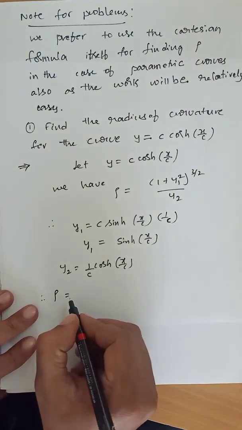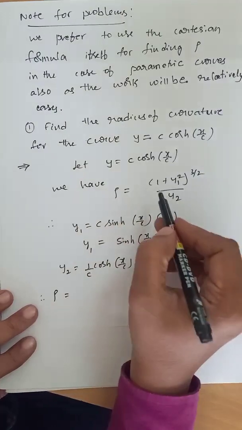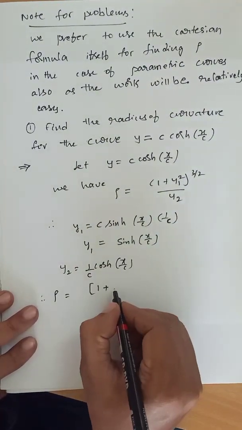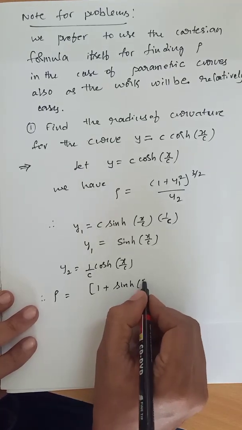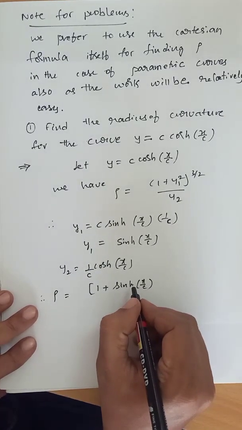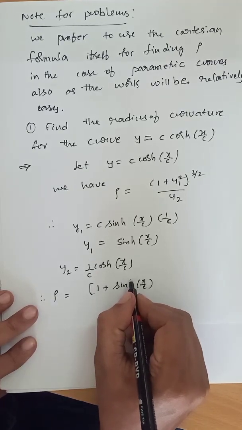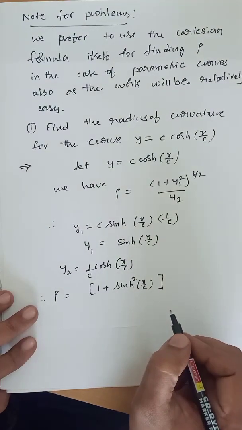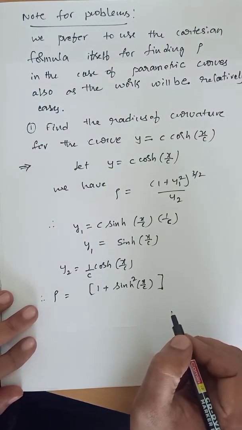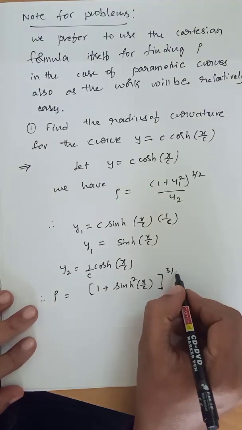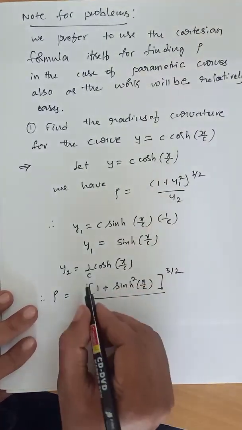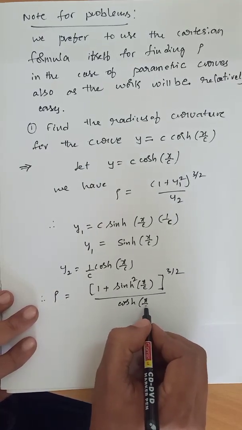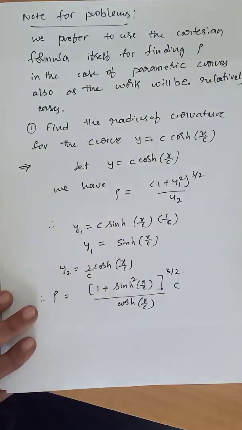Therefore rho is 1 plus y1 square, sin hyperbolic x by c whole square, means here sin hyperbolic square, whole power 3 by 2 divided by y2, which is cos hyperbolic x by c into 1 by c, that is c.